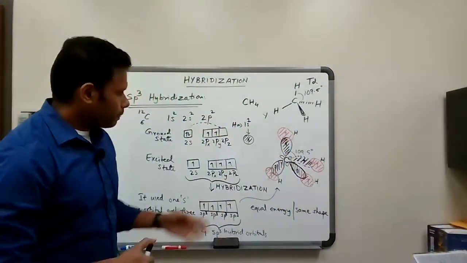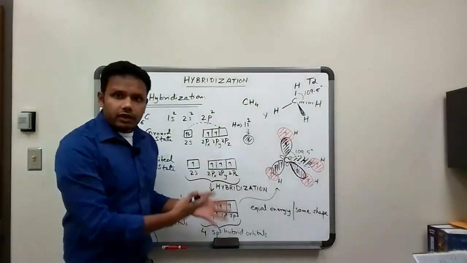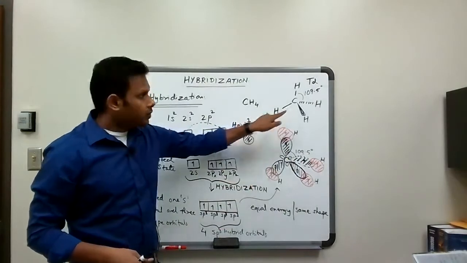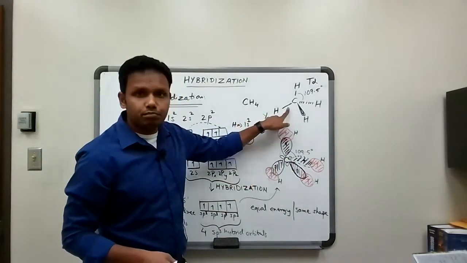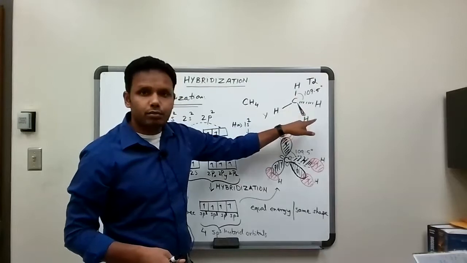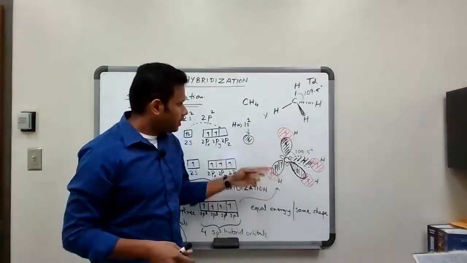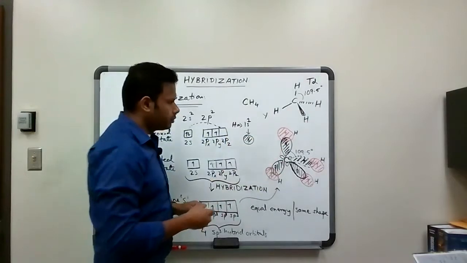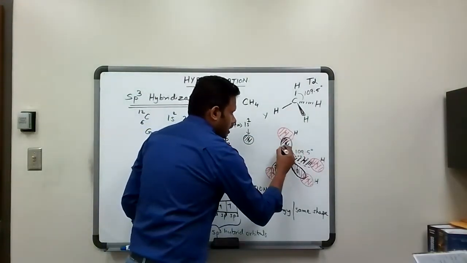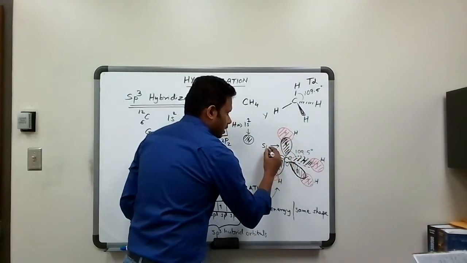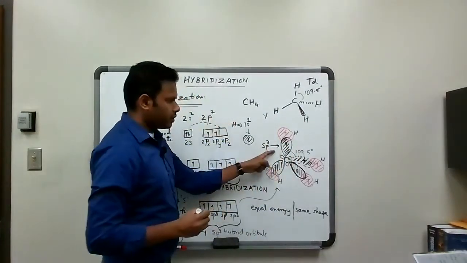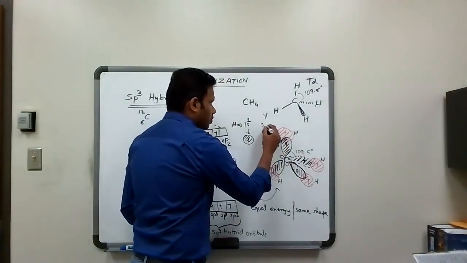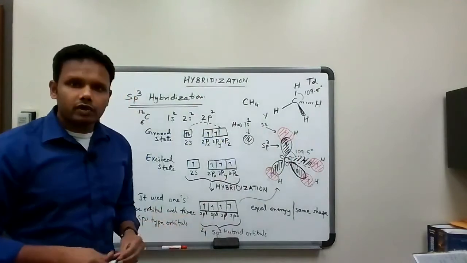So now, once we've developed this, we can actually talk about these bonds. We know how each one of these bonds is formed. This bond here is formed by the overlap of an sp3 hybrid orbital from the carbon atom with a 1s orbital from the hydrogen atom.